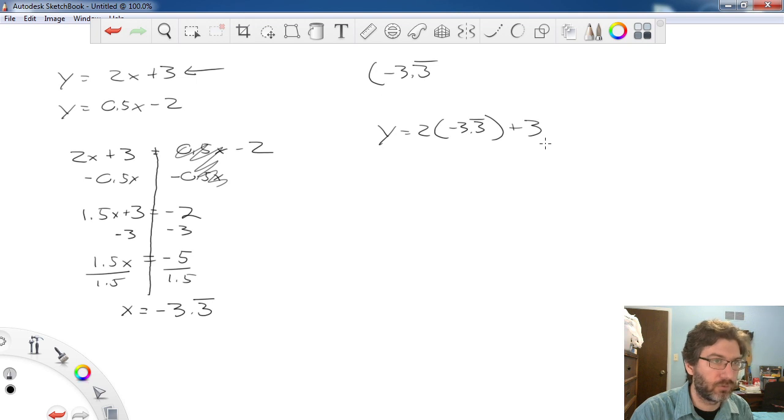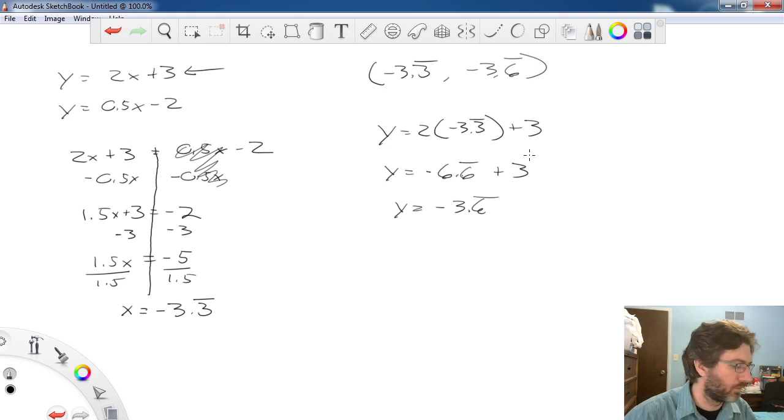Times 2 plus 3 gives me y equals... this times 2 is going to give you -6.3 repeating plus 3. When you add 3, y is going to equal -3.6 repeating. I lost the number in my calculator there, so I might be off.